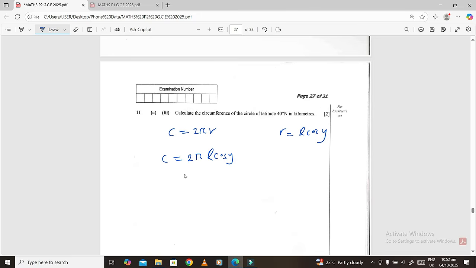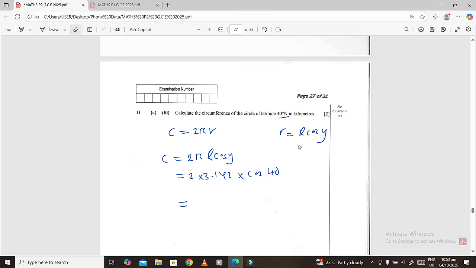So we shall say 2 times 3.142 times cos 40. I think my calculations were not properly done. Oh, we've forgotten something.